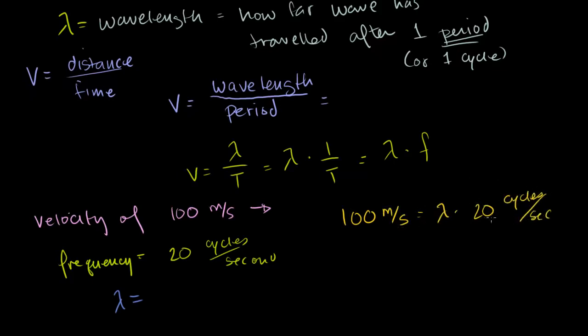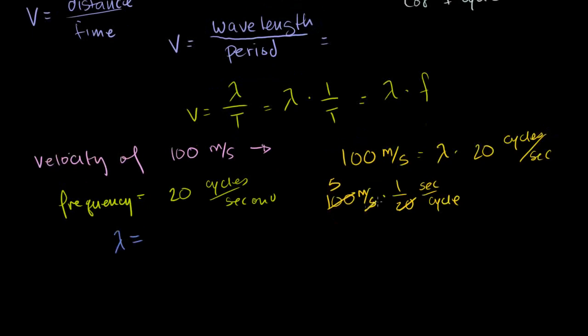If you divide both sides by 20 cycles per second, you get 100 meters per second times 1 over 20 seconds per cycle. And then this becomes a 5, this becomes a 1. So you get 5, and then the seconds cancel out. So you get 5 meters per cycle, which would be your wavelength in this situation.